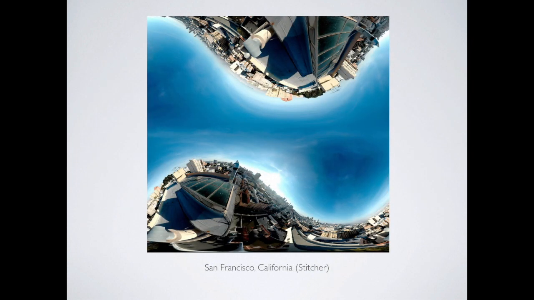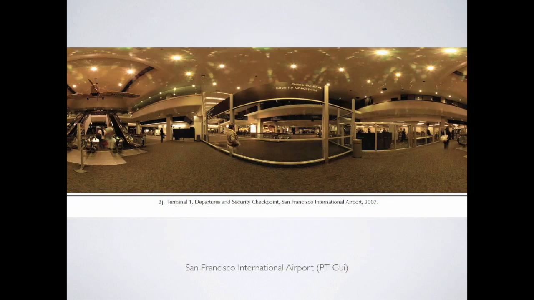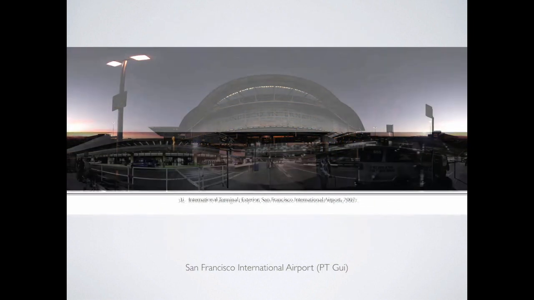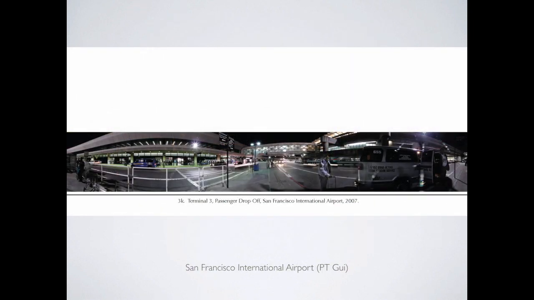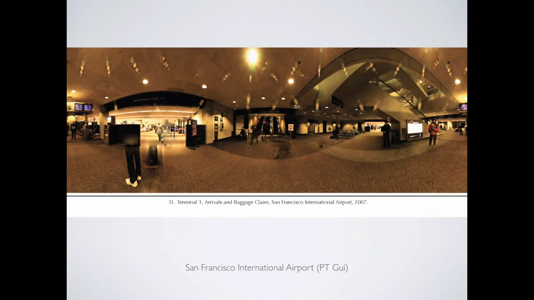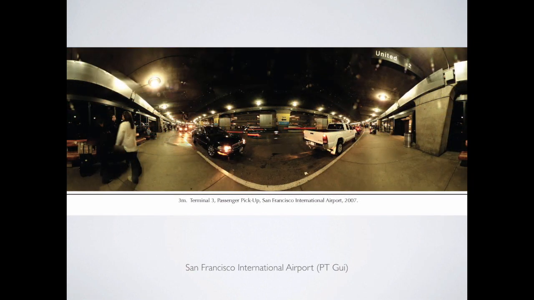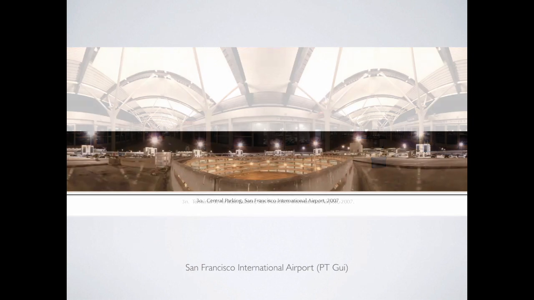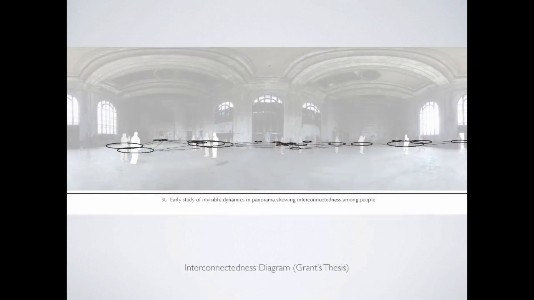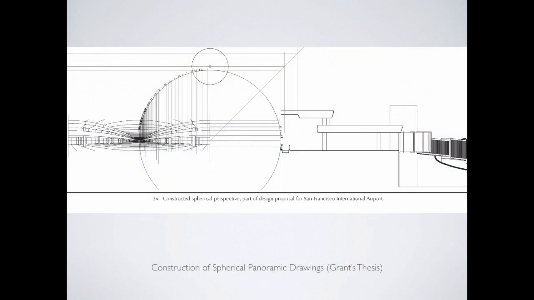You can get creative about how the outputs come together, so they don't have to be that panorama. You can warp what you're seeing. And these were a bunch of images from my thesis, which centered on panoramas and the airport. So I had lots of panoramas. These were drawings.